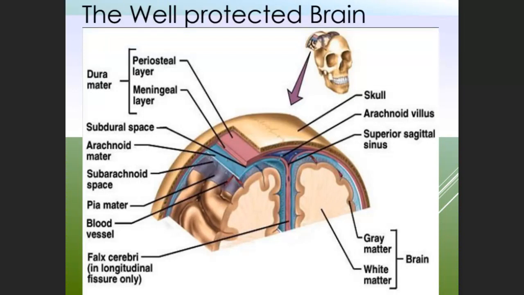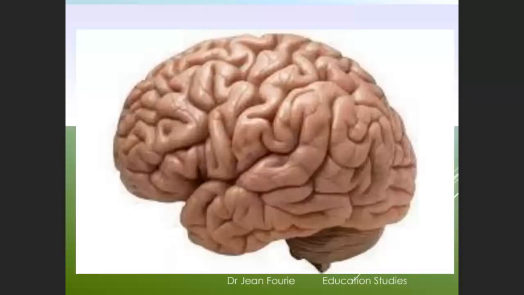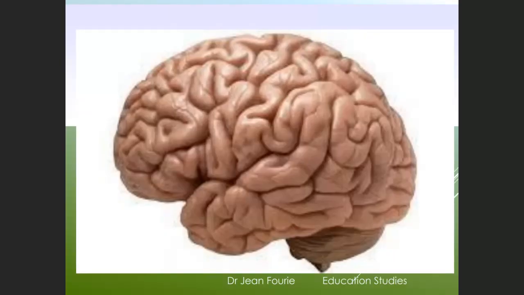And it needs to be well protected because the brain is really made up of this very fine collection of neurons, and it's like a jelly-like structure, and it will be easily damaged if it was not well protected with lots of layers and a very good, thick, bony skull.